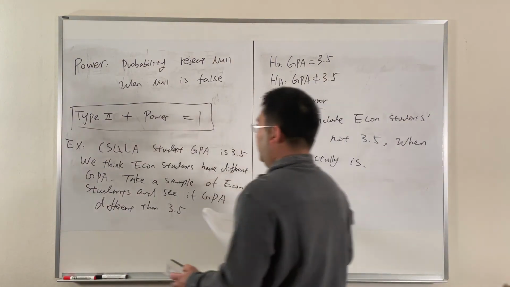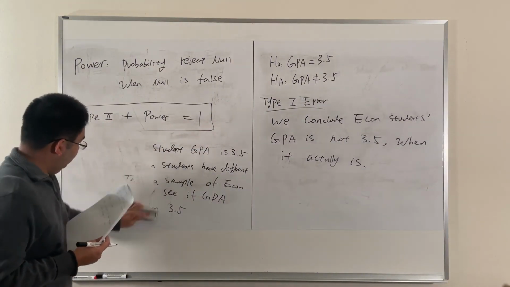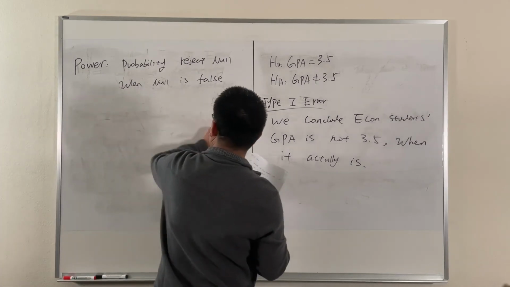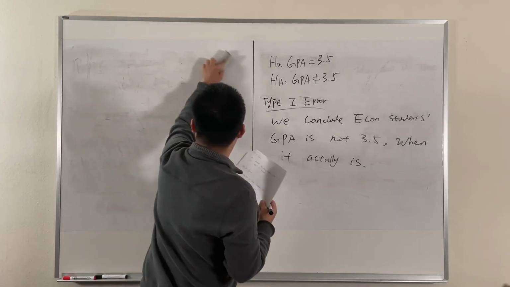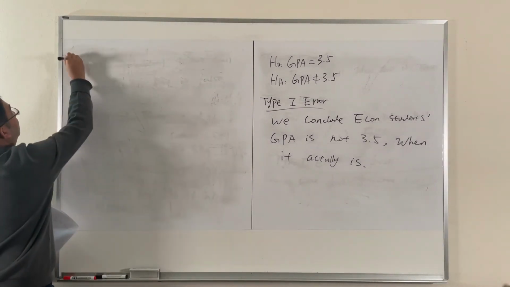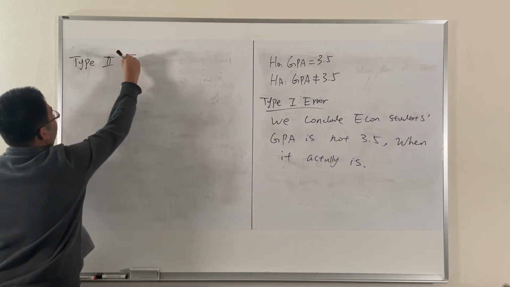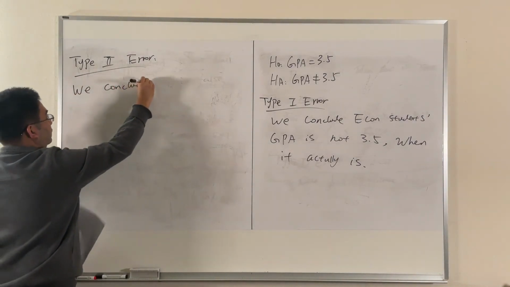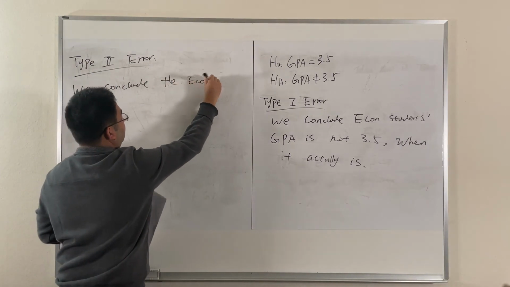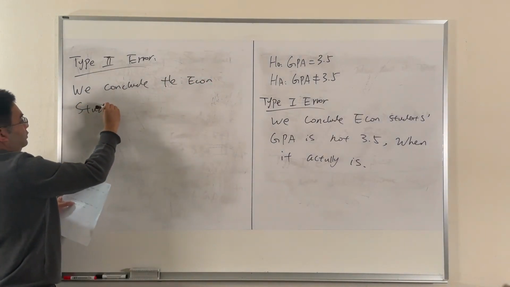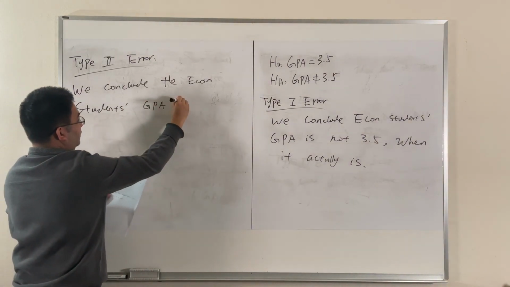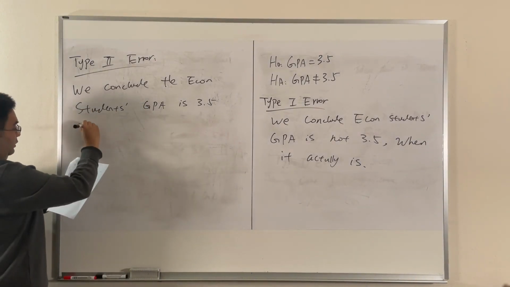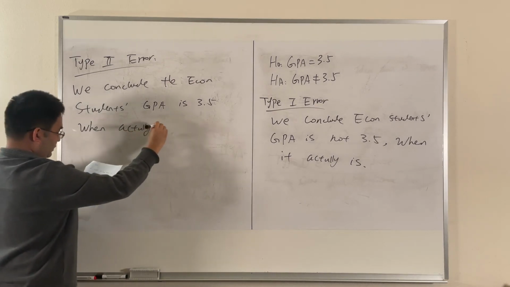And what's type 2? Type 2 error, in this case, is we conclude the econ students' GPA is 3.5 when actually it is not.